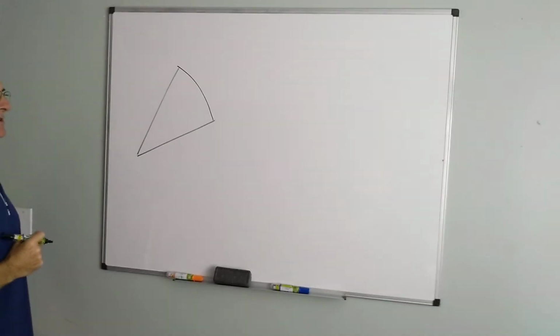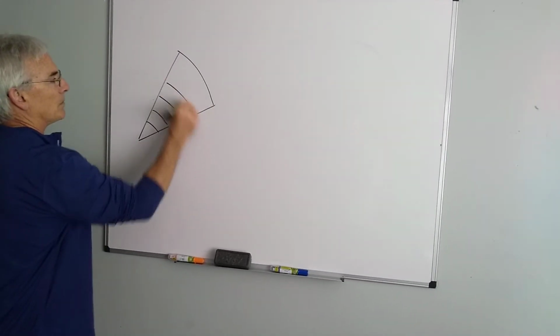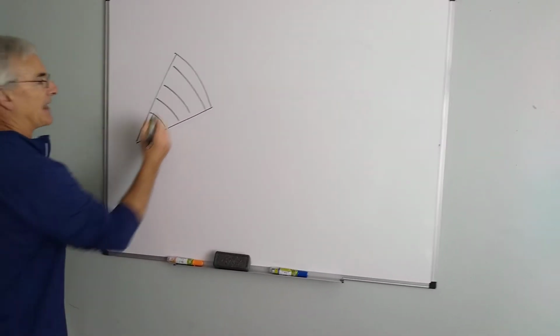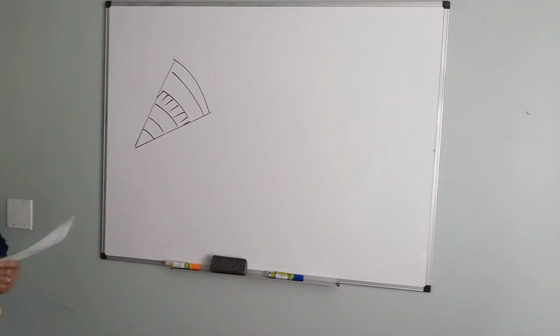And what we'd like to do is, instead of just looking at the one sector, we will split it into a bunch of regions. And I would like to find, let's say, the area of that piece right there.